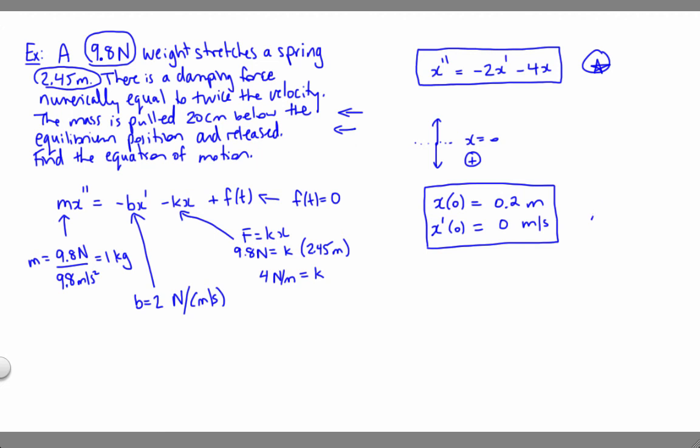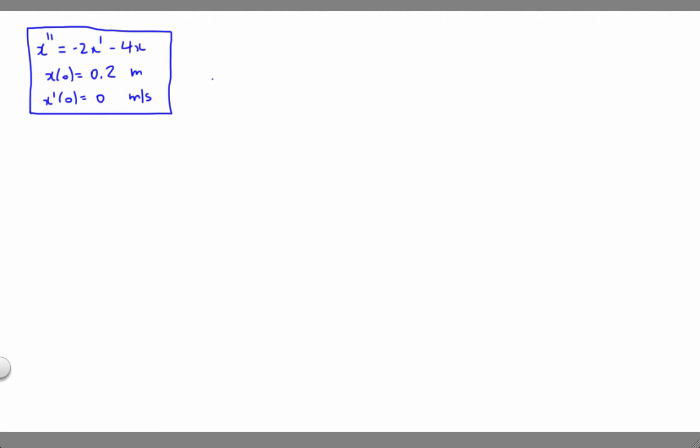We've got our initial conditions, 2 initial conditions because it's a second order DE. And from here on out, it's just going to feel like a constant coefficient DE like we saw in some of our previous videos. So I've just recopied the DE and the initial conditions, and let's go about finding the equation of motion.